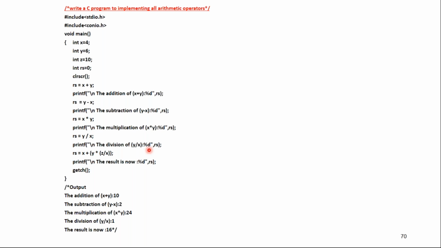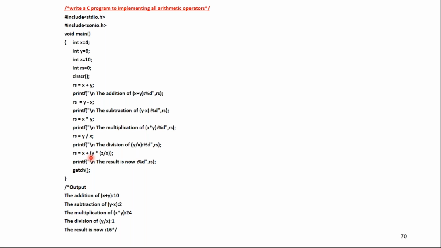So the values after the decimal point will be truncated or removed, and only the whole number will be displayed, not floating point values. For example, the result of 6 by 4 would be 1.5 or something like that, but only 1 is displayed here. The 0.5 is truncated or removed by the compiler.